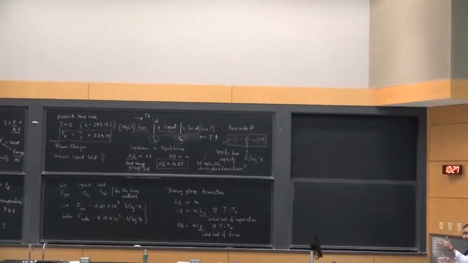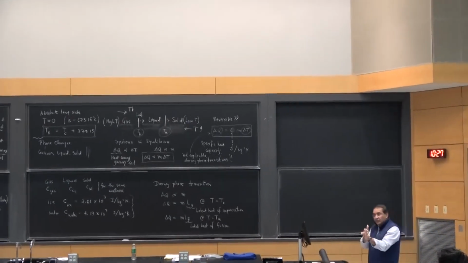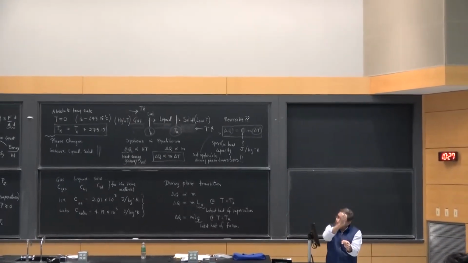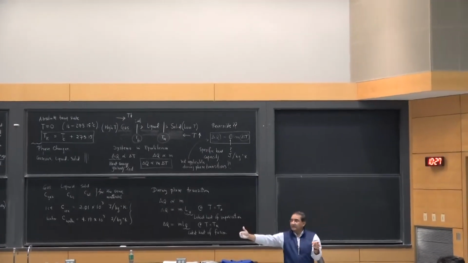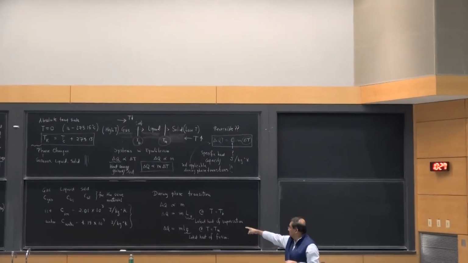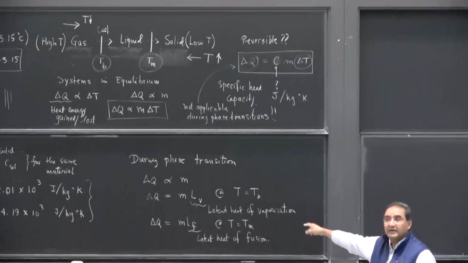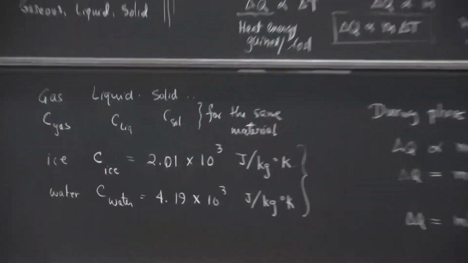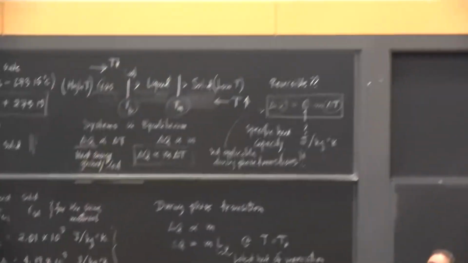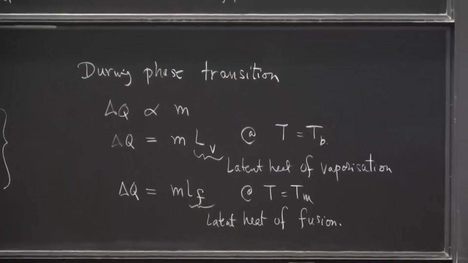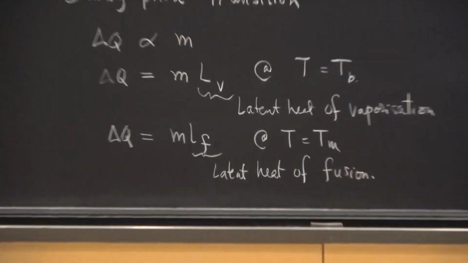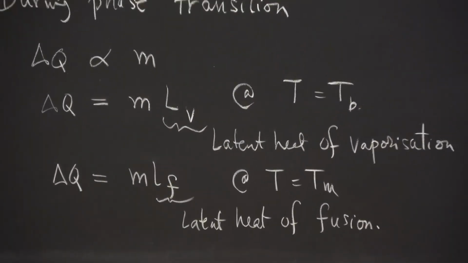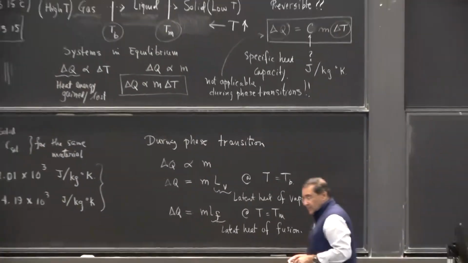Then what it does is it goes from 0 degrees water to 100 degrees water. Again, you have to use specific heat of water, 4.19 times 10 to the 3. And then you got to convert with latent heat at 100 degrees from water to steam, and then take whatever steam temperature and heat are involved.